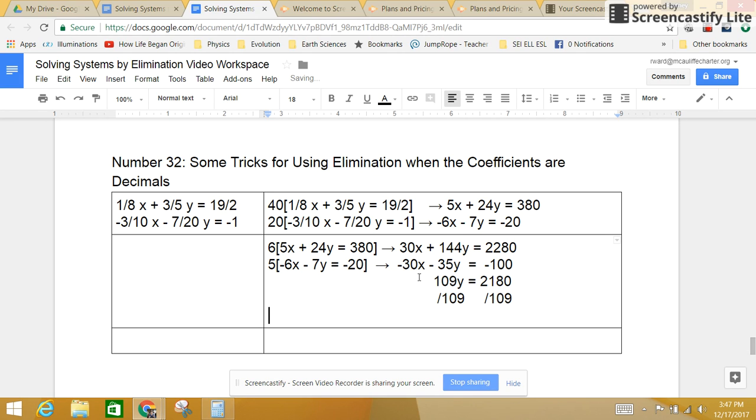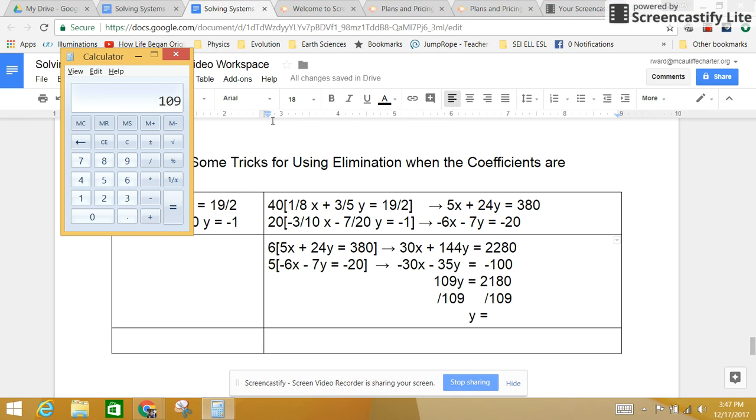So I'm going to get y on one side. And if I'm not mistaken, 2180 divided by 109 is 20. It is, so y equals 20.